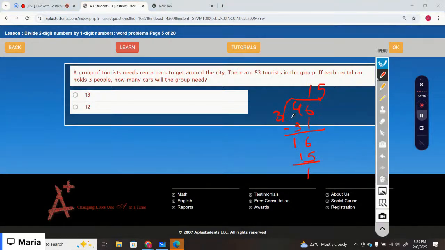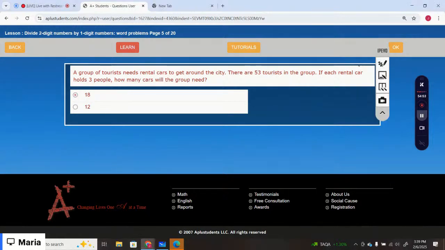Let's just divide. 3 times 1 is 3. 3 times 8 we can go. So the correct option is 18. They need 18 cars. Option number 1 is the correct option.